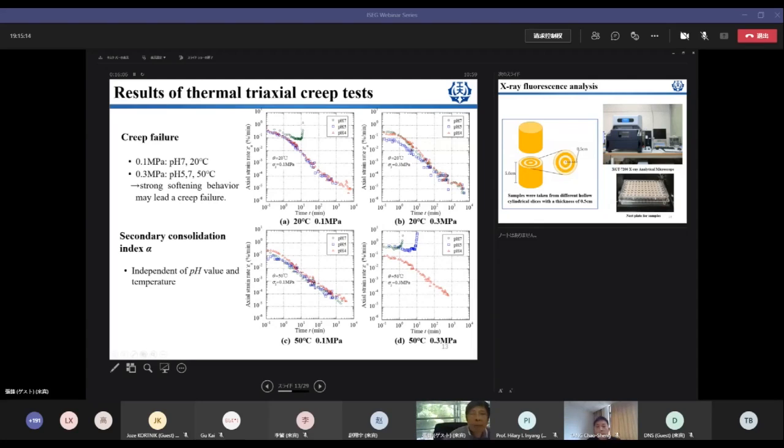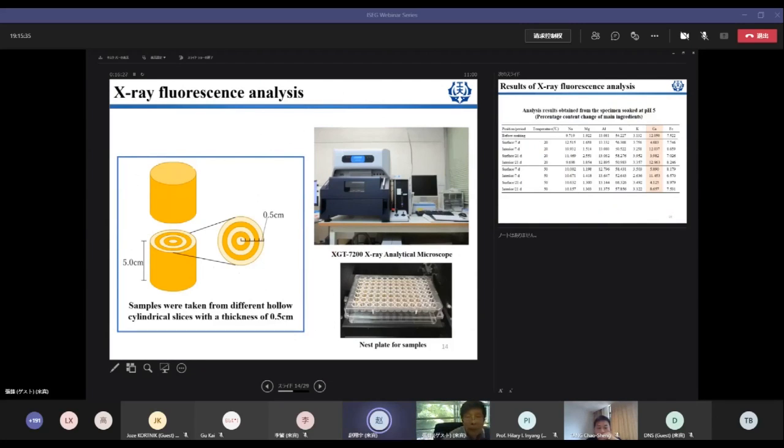So in this way, 95% of the shear strength for pH 7 is much larger than those of pH 4 and pH 5. And we don't find that the material has creep behaviors.